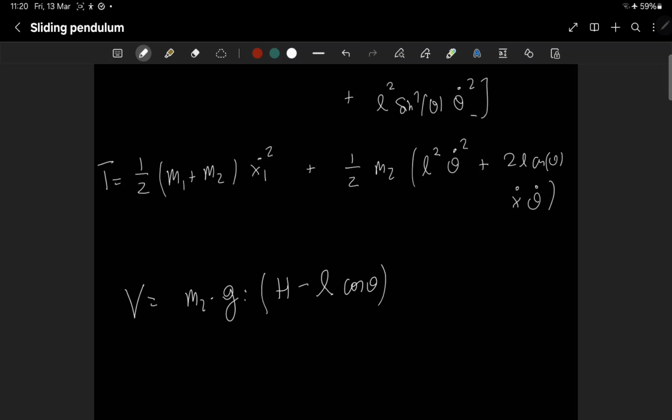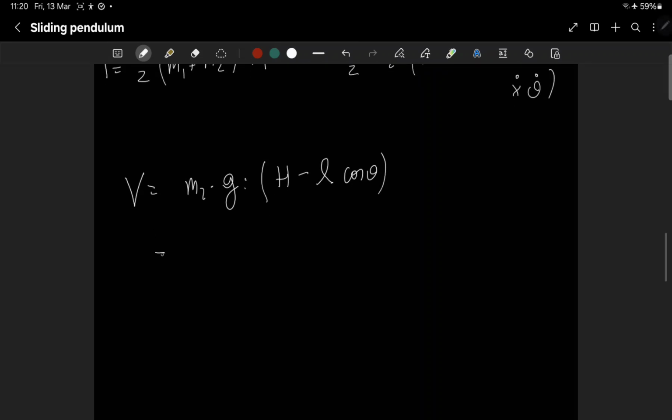That's the height of the second particle. That's the potential energy of the second particle, because we are just in the gravitational field of the Earth, and we consider very small L. So the gravitational acceleration is going to be constant. That's why we've got this g here.